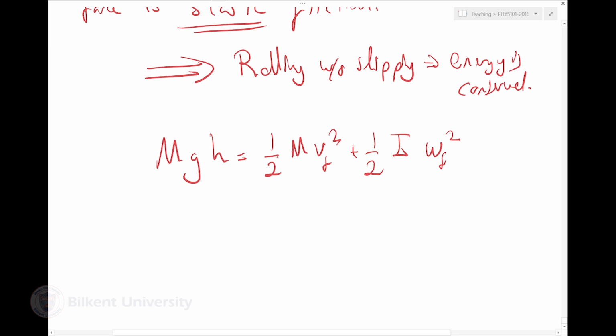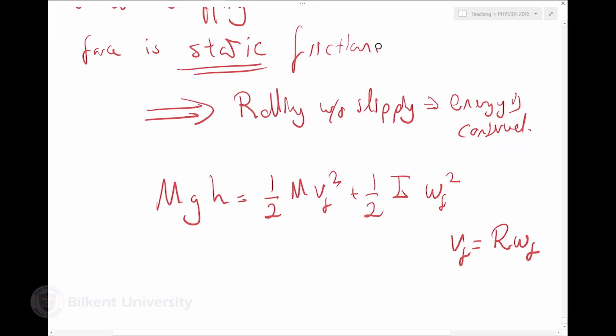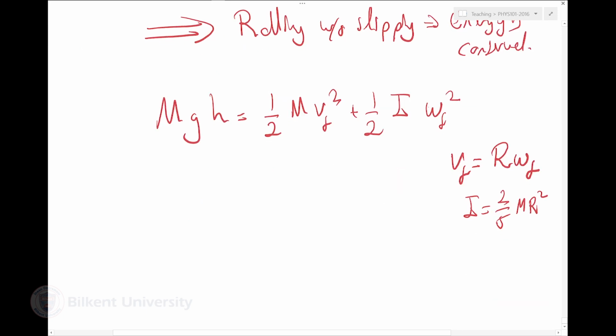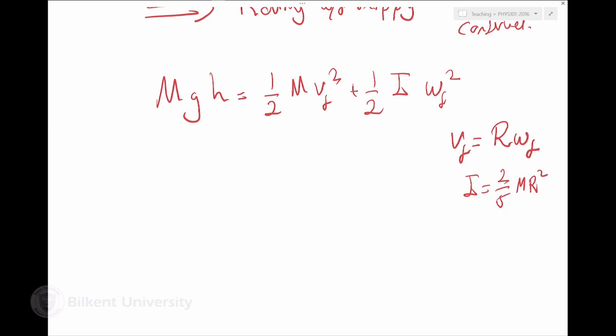When you're rolling without slipping, these two quantities are not independent. I know that Vf must be R times omega f. And similarly, I was provided what I was. I was 2/5 m r squared. Let me leave it as I for a moment.